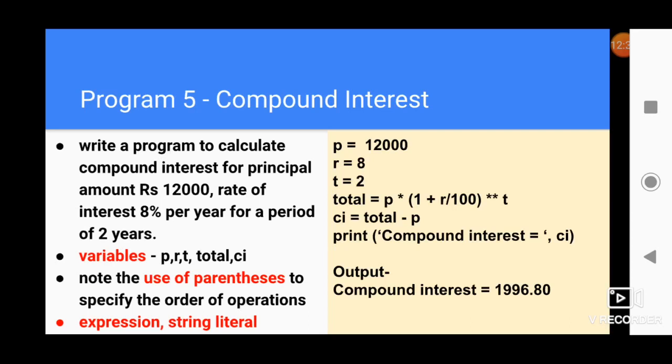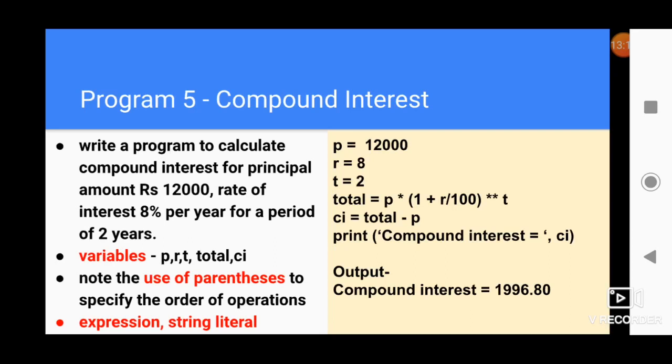This makes sure that r is first divided by 100, because division is performed first and then addition is performed, and the result of this sub expression 1 plus r slash 100 is written inside parentheses. So this results in this expression being calculated first of all, and after this has been calculated, this result is raised to power t.